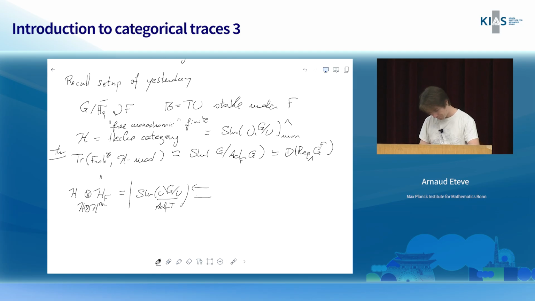Okay. And then there were some partial convolution maps from G mod U T, G mod U T, F T, and so on.